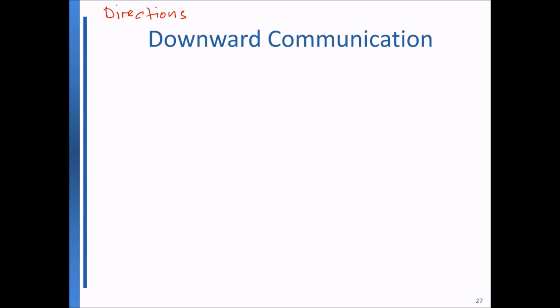When we say downward communication, by the way, these are directions of formal communication. Now, there are formal communication and informal communication. What is the difference between formal and informal? Anyone?